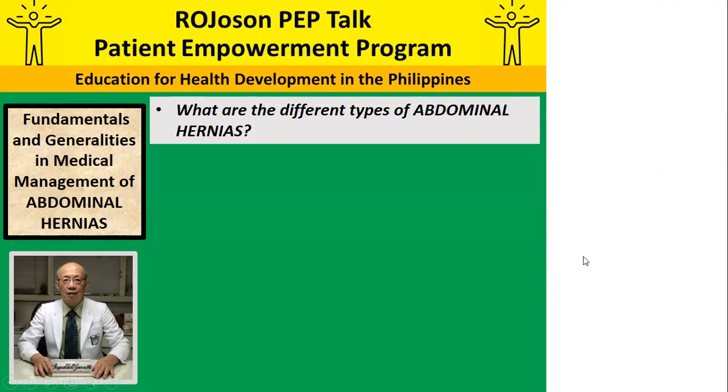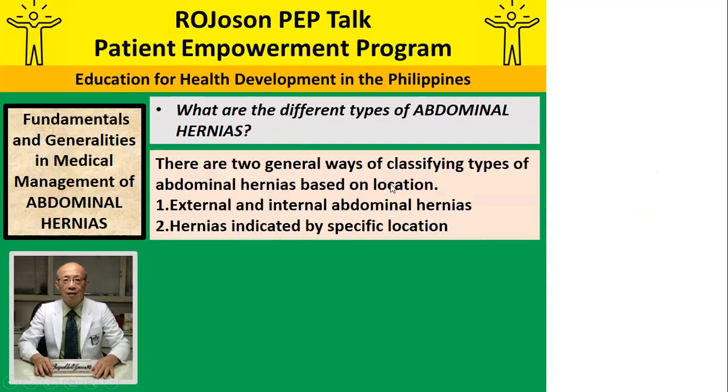What are the different types of abdominal hernias? As defined earlier, there are two general ways of classifying the types. One is based on location: external and internal abdominal hernias. The other classification will be hernias based on the specific location.